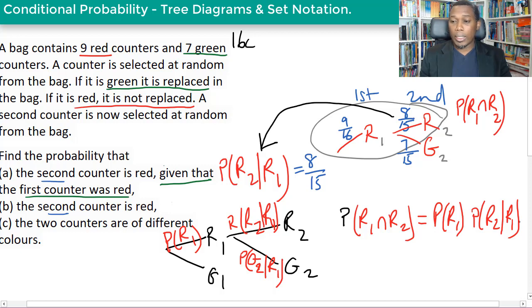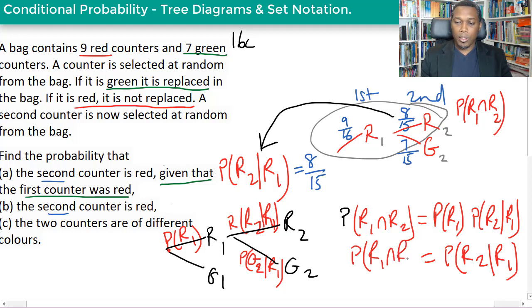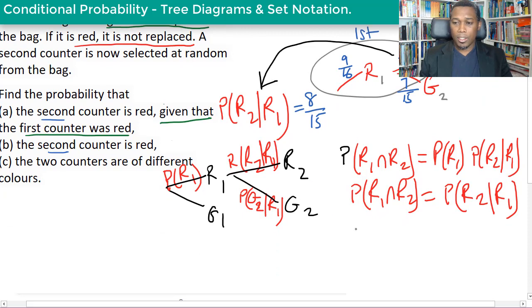given red 1. And on the basis of that, if we rearrange, you will see the formula for conditional probability. The probability of red 2 given red 1 is the probability of red 1 intersection red 2, the probability that's currently on the left-hand side, divided by the probability of red 1.